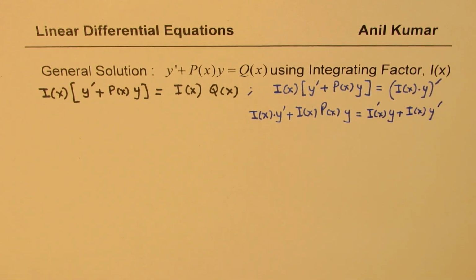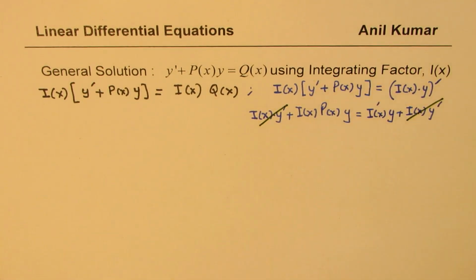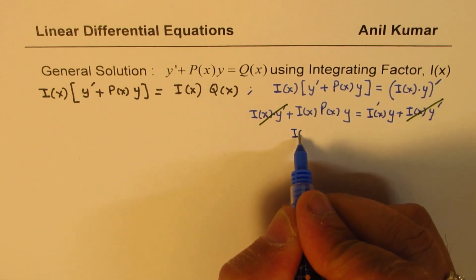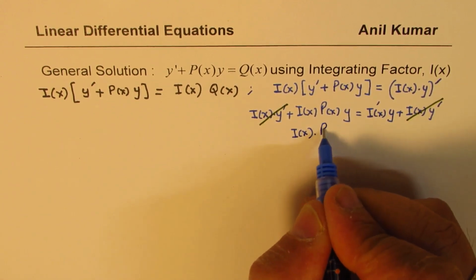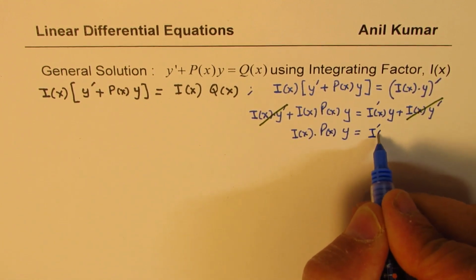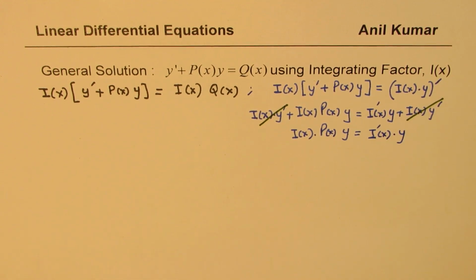As you can see, the two terms I of x y dash cancel away. So you're left with I of x p of x y equals I dash of x y. That is what is remaining.